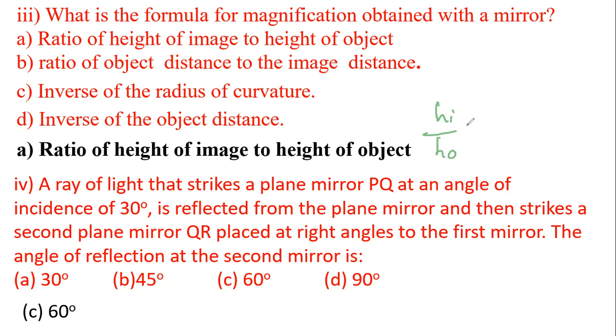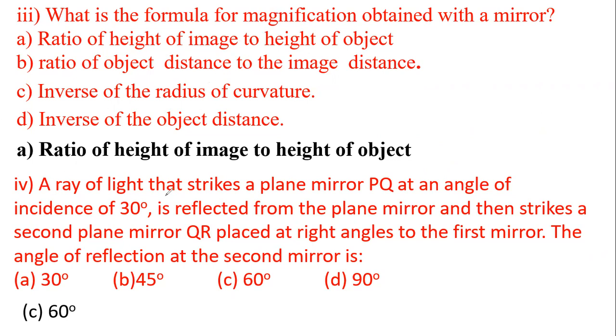C is inverse of the radius of curvature. D is inverse of the object distance. No, these will not be correct. While finding the magnification, M is equal to height of image by height of object, which is equal to minus V by U. You use this in many ways to solve numericals also, so try to remember the formula. Option A is the correct one. Then go for the next question.